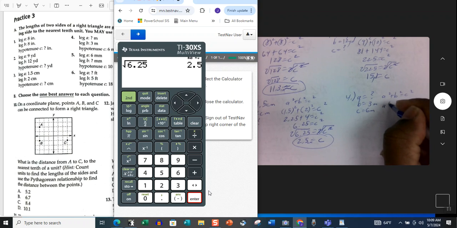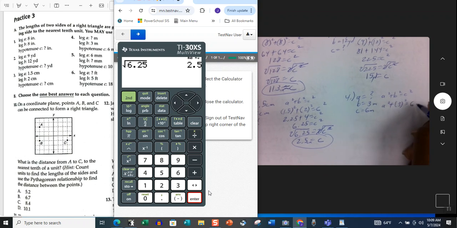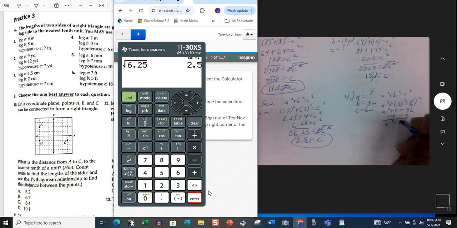So A will remain the same, B is 3, and C is 6. So we have A squared plus 9 is equal to 36. We'll subtract 9 on both sides, and A squared is equal to 27.